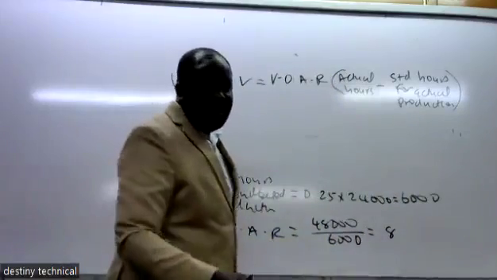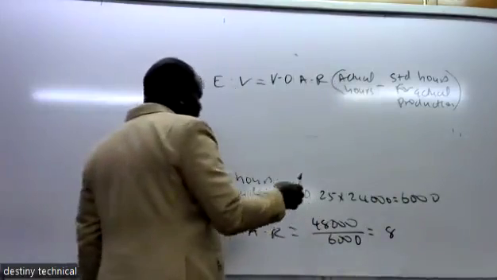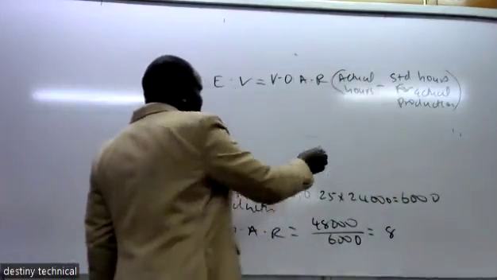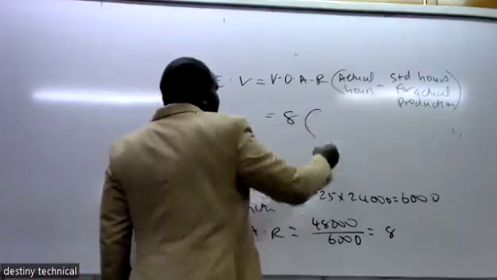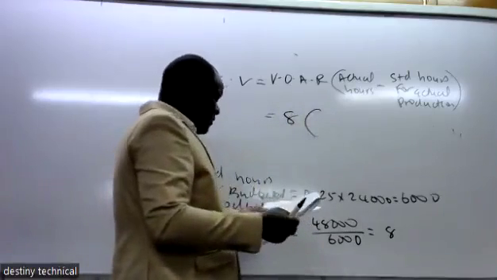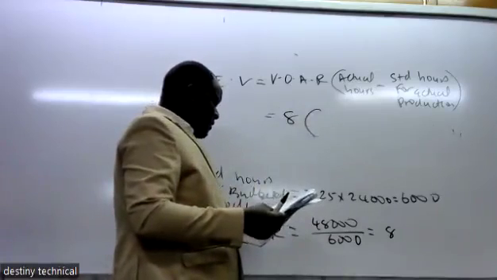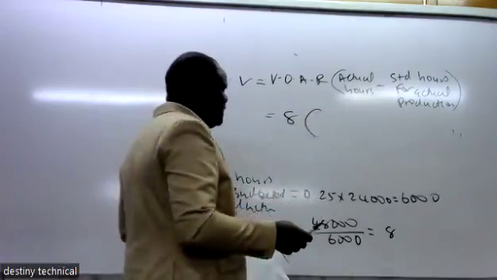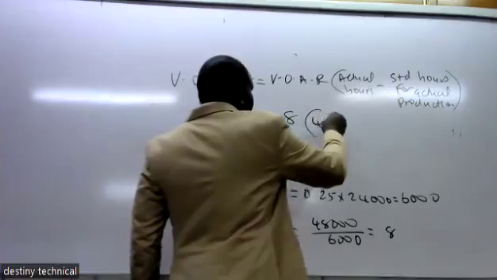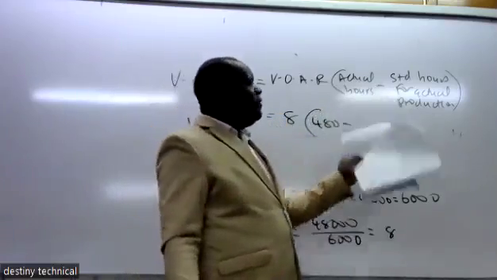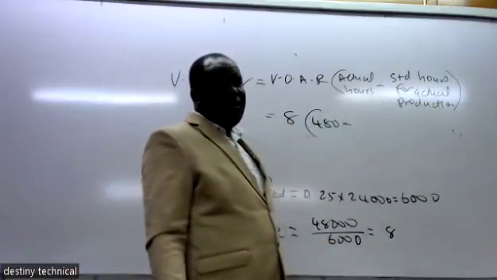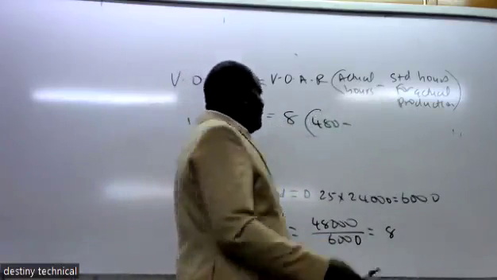When it comes to this point, the variable overhead absorption rate we have calculated as 8. Then the actual hours, you can see, are 480. We calculated the standard hours for the actual production as 450.